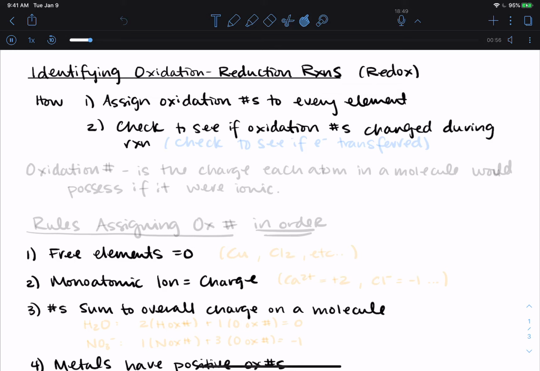In a redox reaction, it's required that electrons are transferred in order for it to be redox. So when we look to see if any of the oxidation numbers have changed, what we're really looking for is checking to see if electrons were transferred.